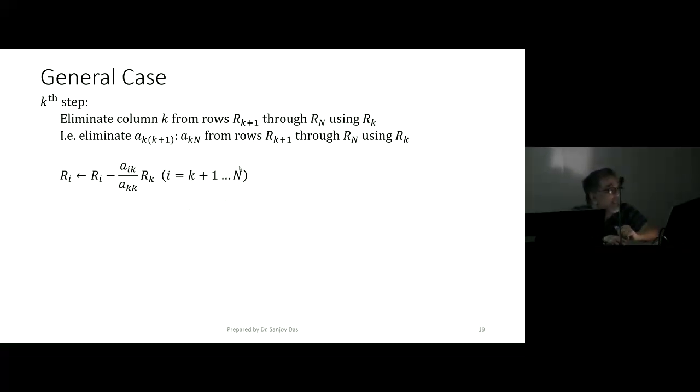So this is the equivalent operation that I'm doing. For every i below k, I replace Ri with Ri minus aik over akk times Rk. And this i has to be below k, therefore i is k plus 1 through n. That's equivalent to, in the kth step, pre-multiplication of A with a lower triangular matrix Mk.